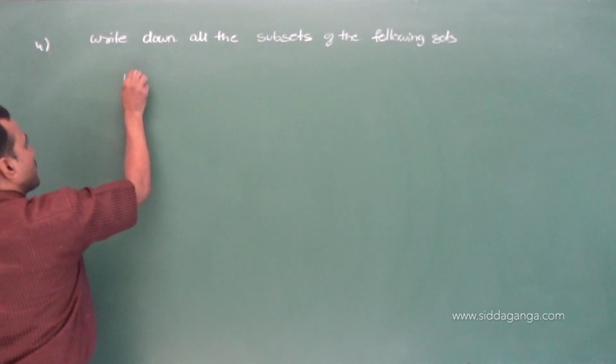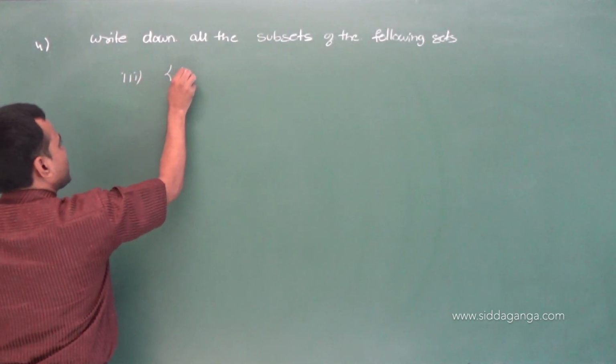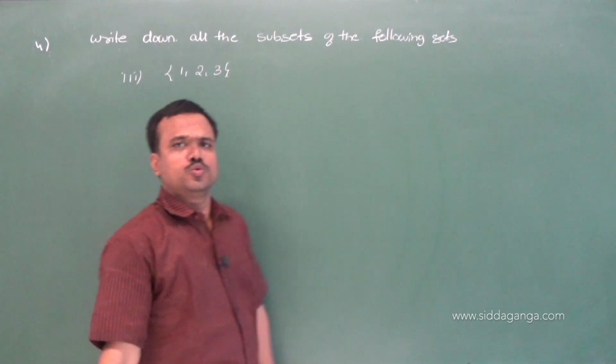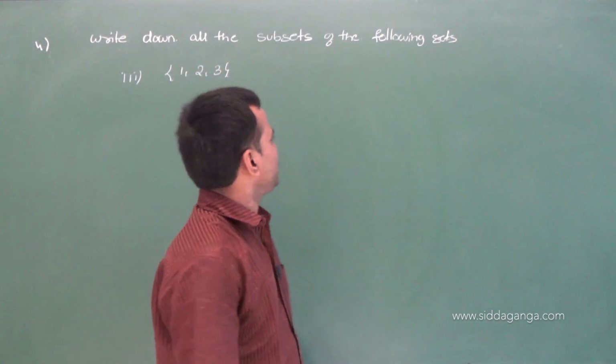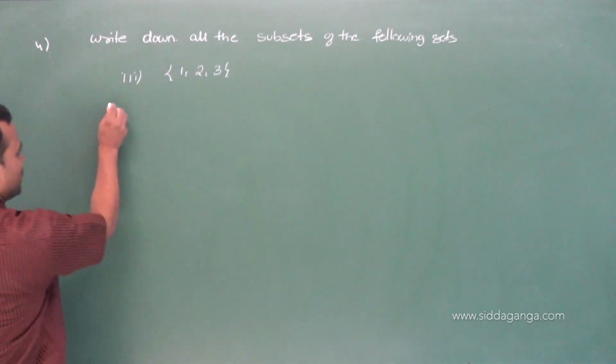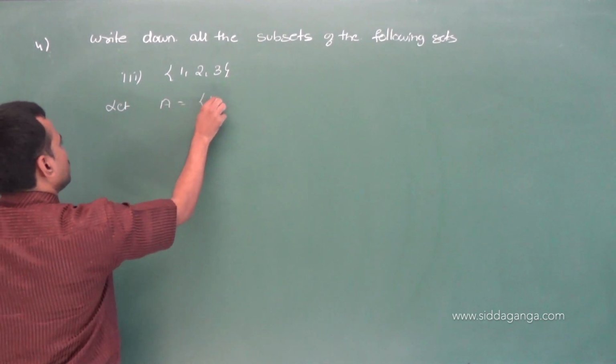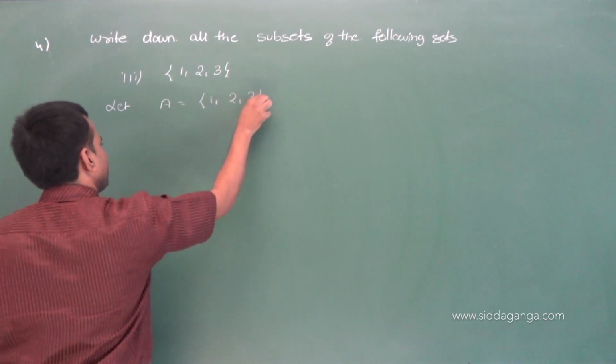Question number 3. Set containing 3 elements, {1, 2, 3}. Set containing 3 elements. Observe here. Let A is equal to {1, 2, 3}.